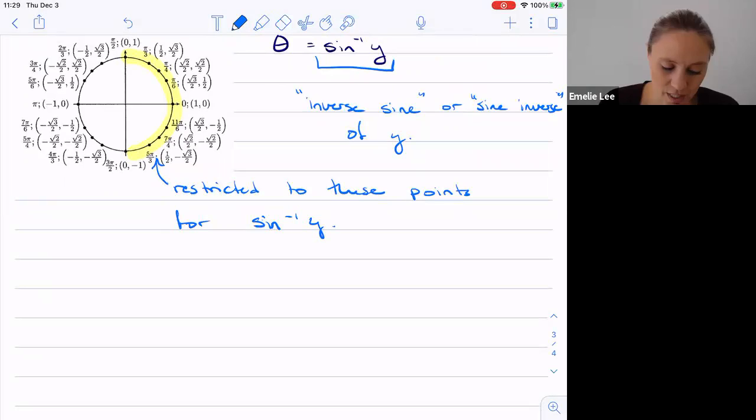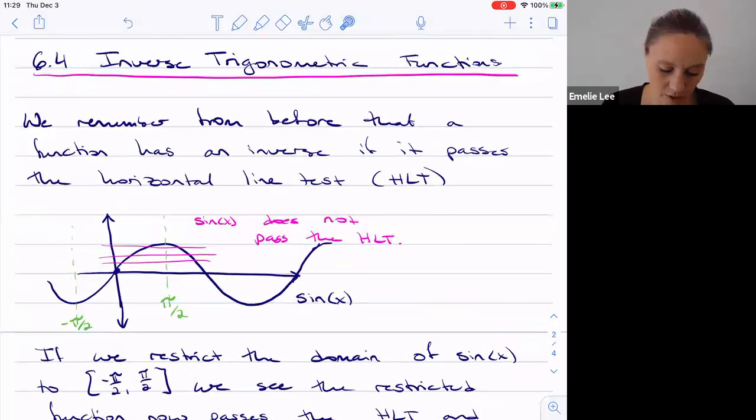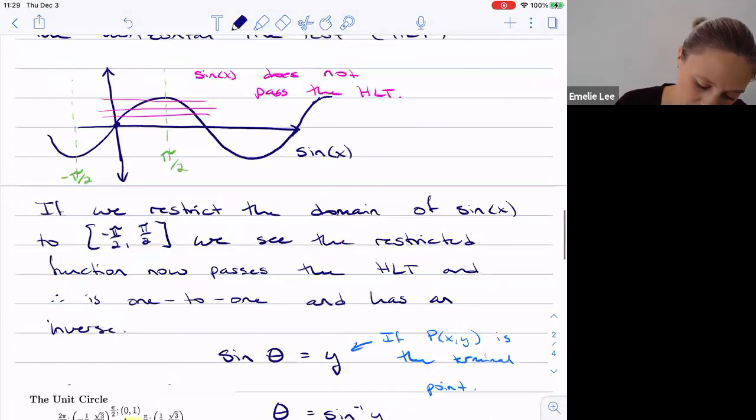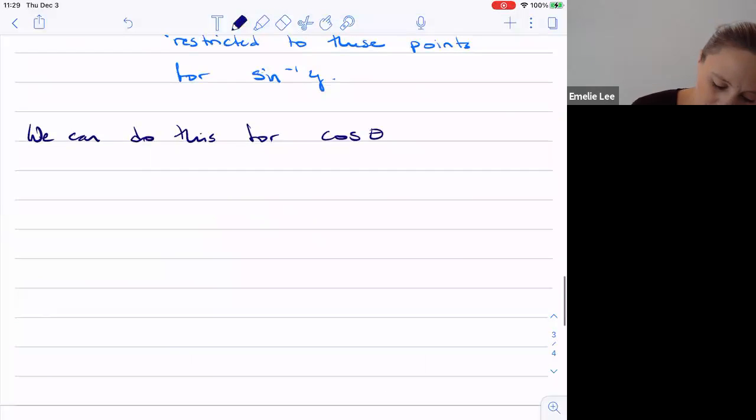Now we're going to do the same thing for cosine, but cosine's a little bit different. If we think about the graph of cosine, it starts at 0, 1, and then it goes down and then it goes up. We can do this for cos theta as well.